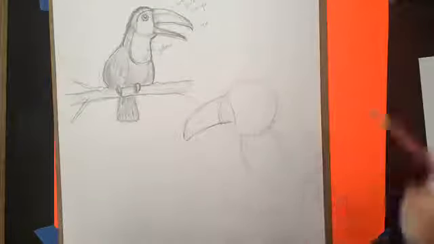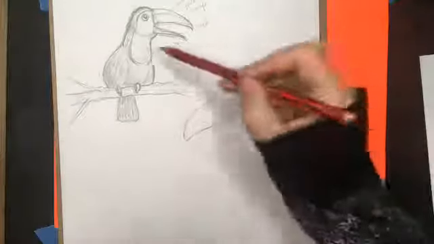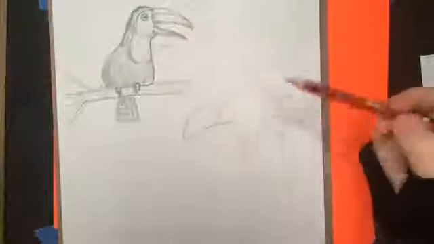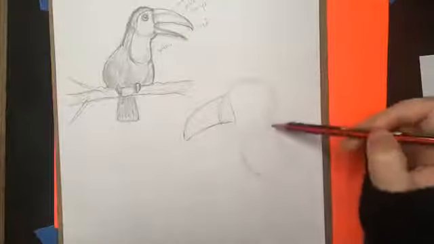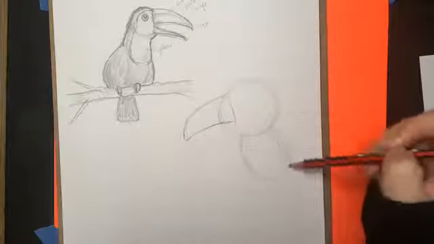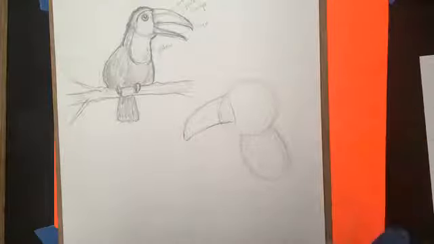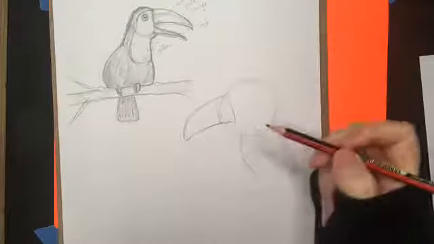Okay, so I went kind of fast there, but basically I did a giant head. I left out the neck shape that we did here, and I just did a small body shape to make a more cartoony, cuter toucan.